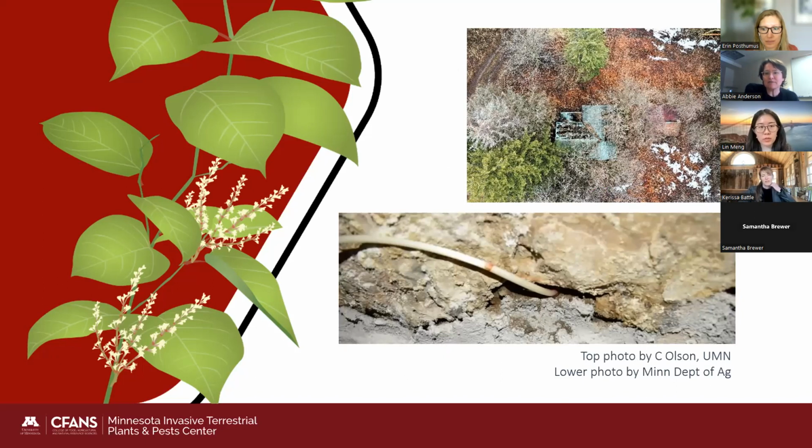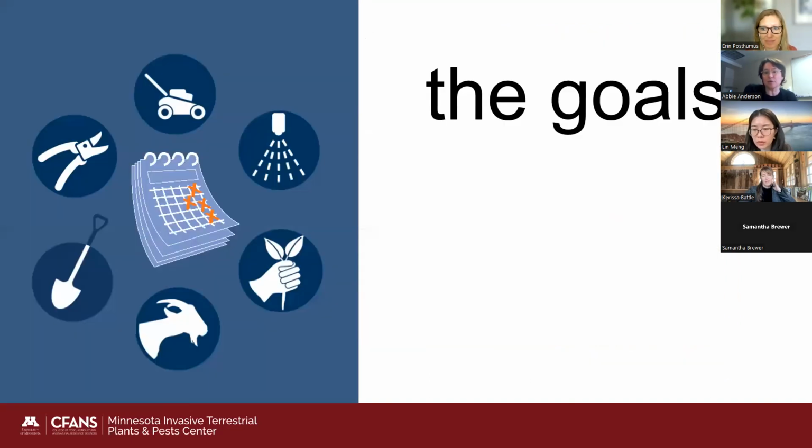In the bottom of this slide, that's a picture of a stem of knotweed that has emerged inside of a basement. So this plant has the ability to break through hard surfaces and cause costly damages to infrastructure and buildings. So these are our plants that we're studying because ultimately our goal is to remove them from the environment where they're causing harm.